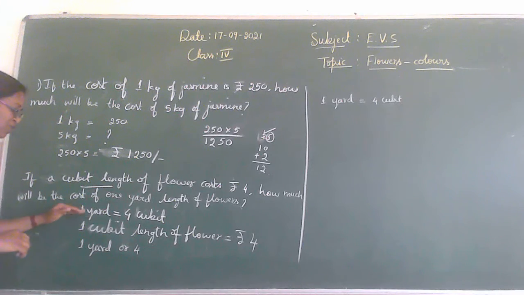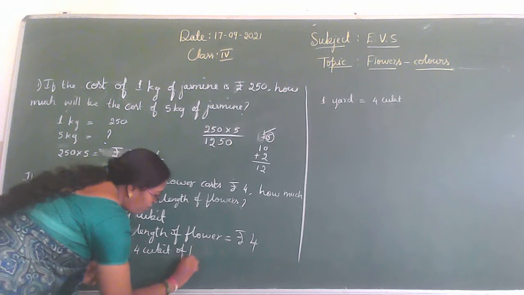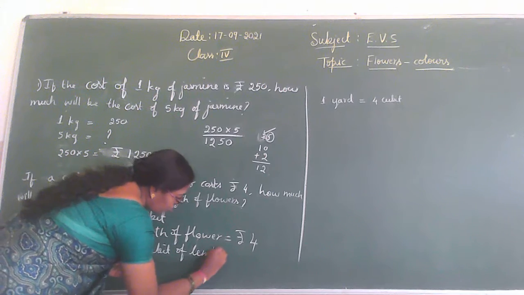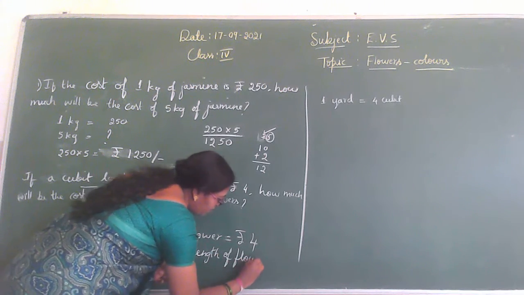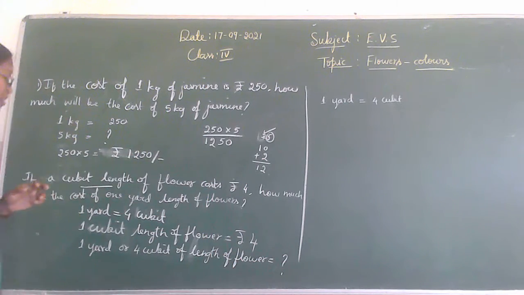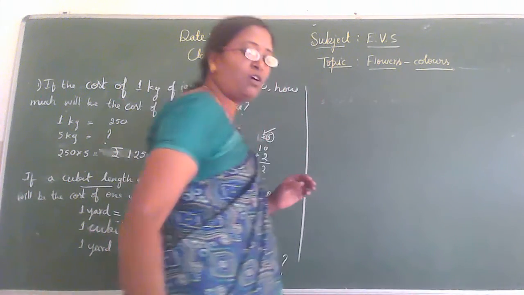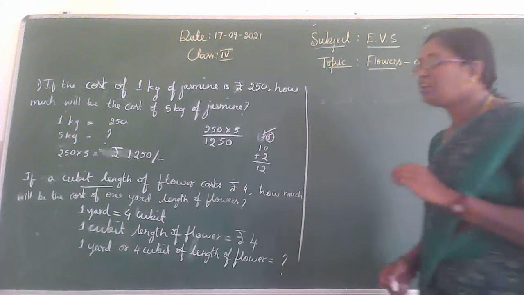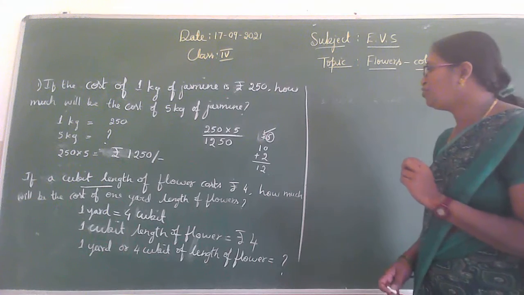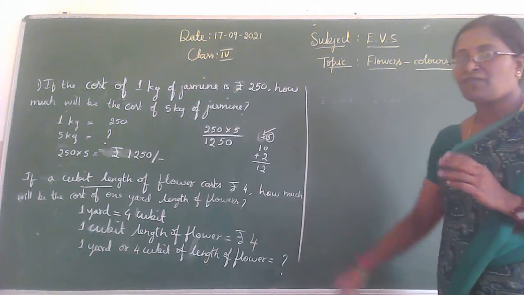We can write like this also. 1 yard or 4 cubit length of flower. It is equal to how much? So that's why we need to find out the cost of 1 yard of flower or 4 cubit length of flower. We need to find out the cost of 1 yard or 4 cubit length of flower.